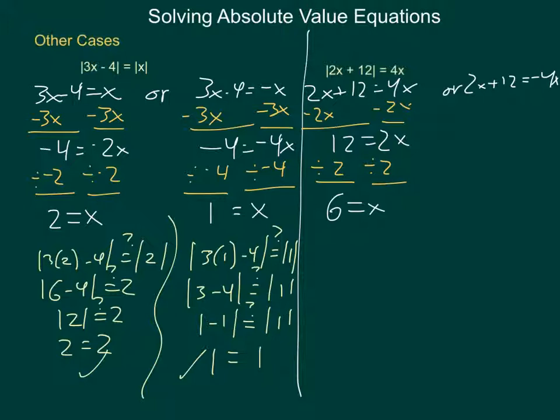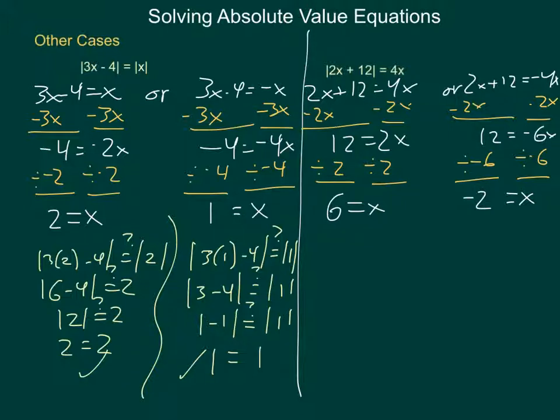Solving the right-hand equation, again subtracting 2x from each side leaves us with 12 equaling a negative 6x. Then dividing both sides by negative 6, we come out with x equaling a negative 2.